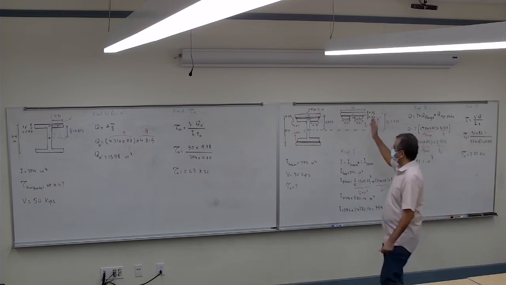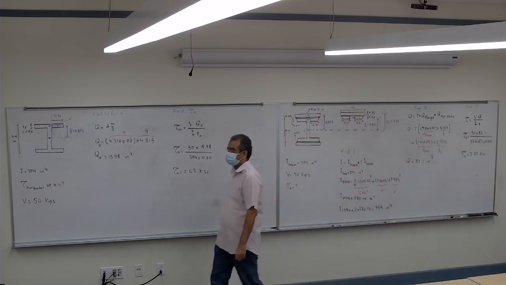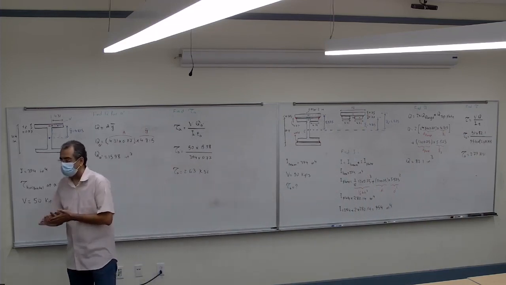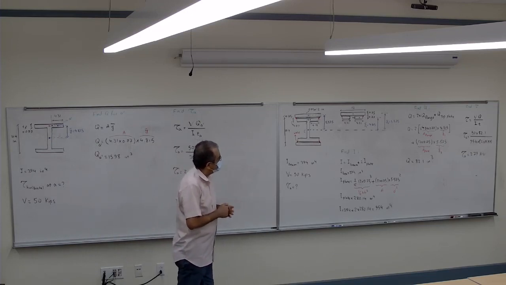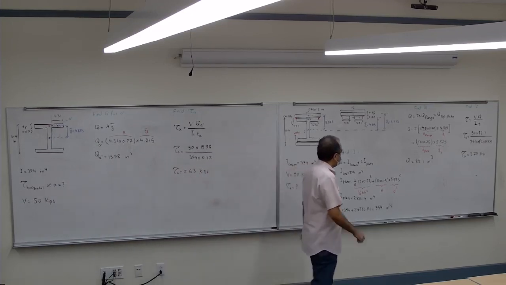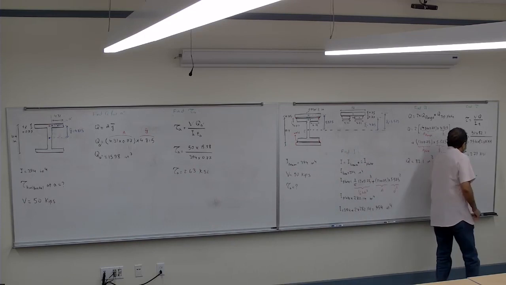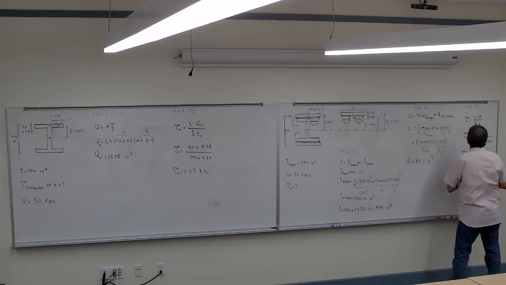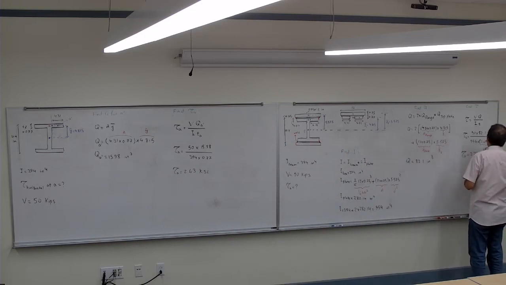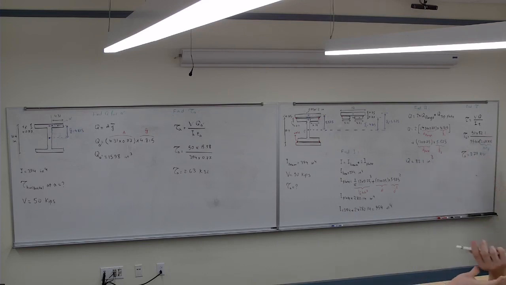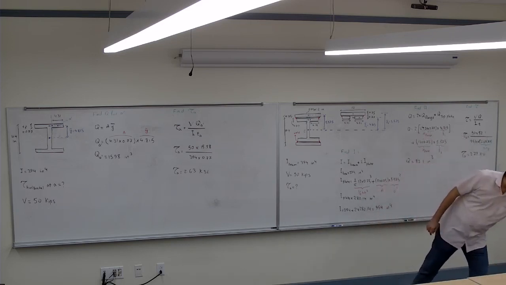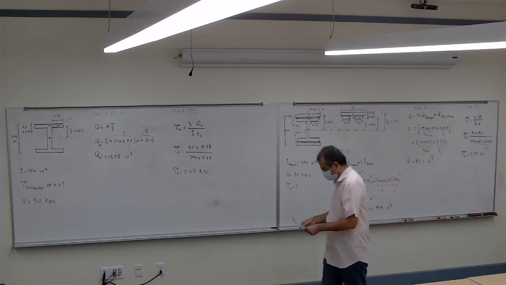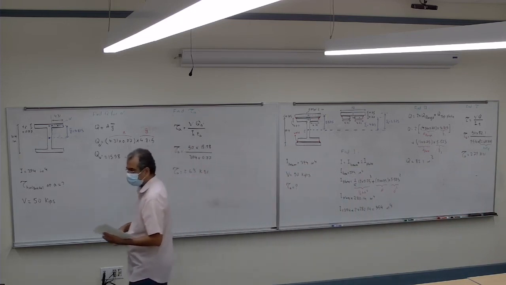We cut it once going up and then once going down. So we cut it 2 times, so it's going to be 2 of that 0.77. Any question?